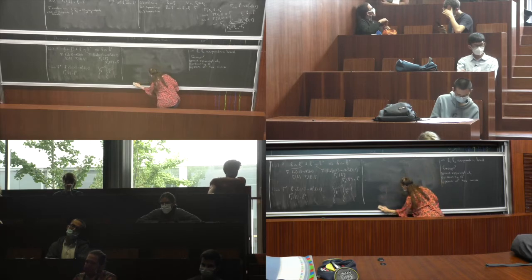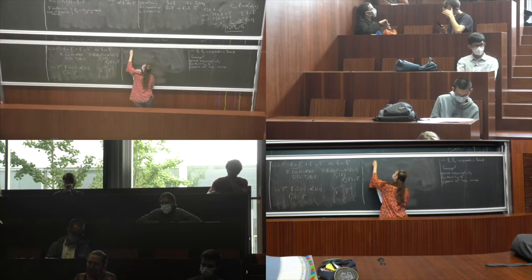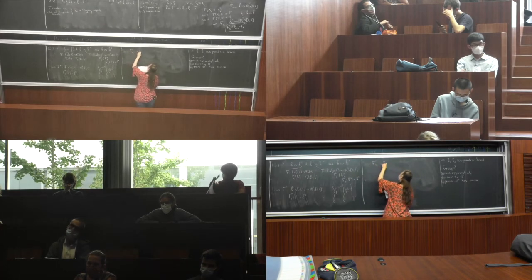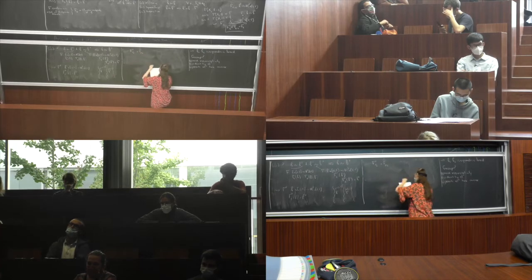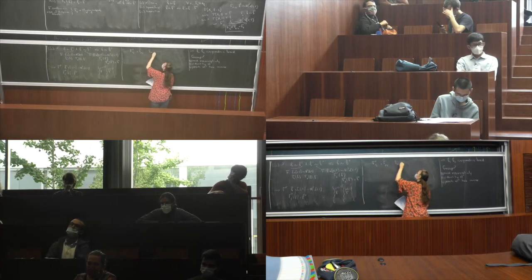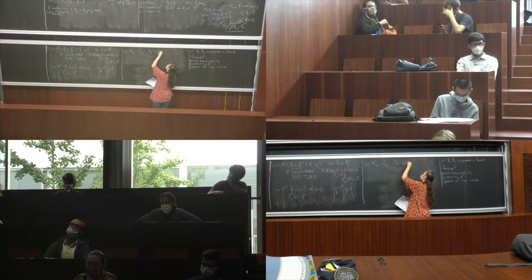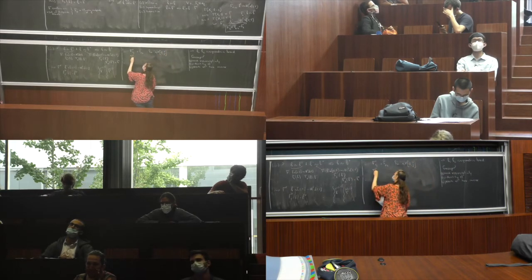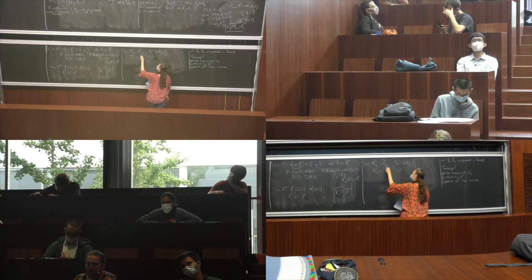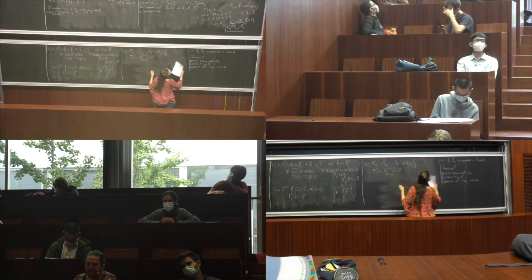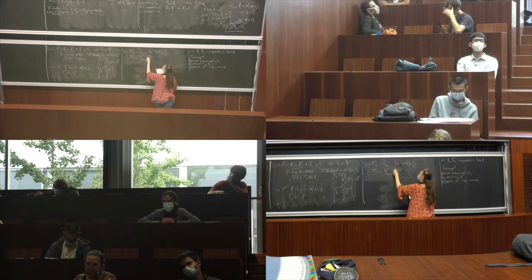So I claim that if you pick your F second to be F2s for s between 0 and 1/2, and then I will do again 2s minus 1 and redo the trick.